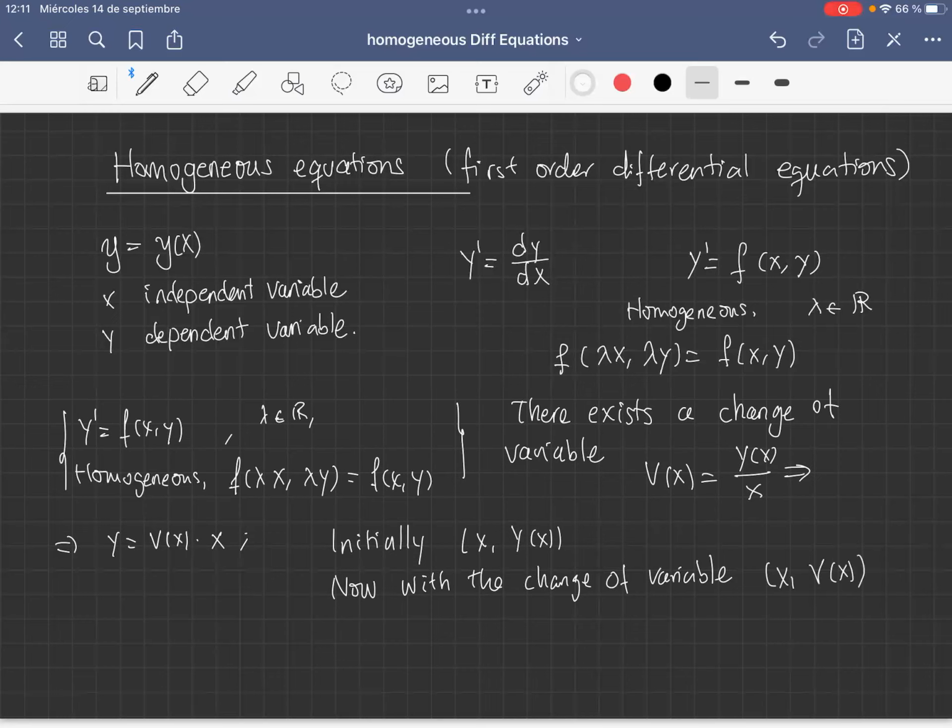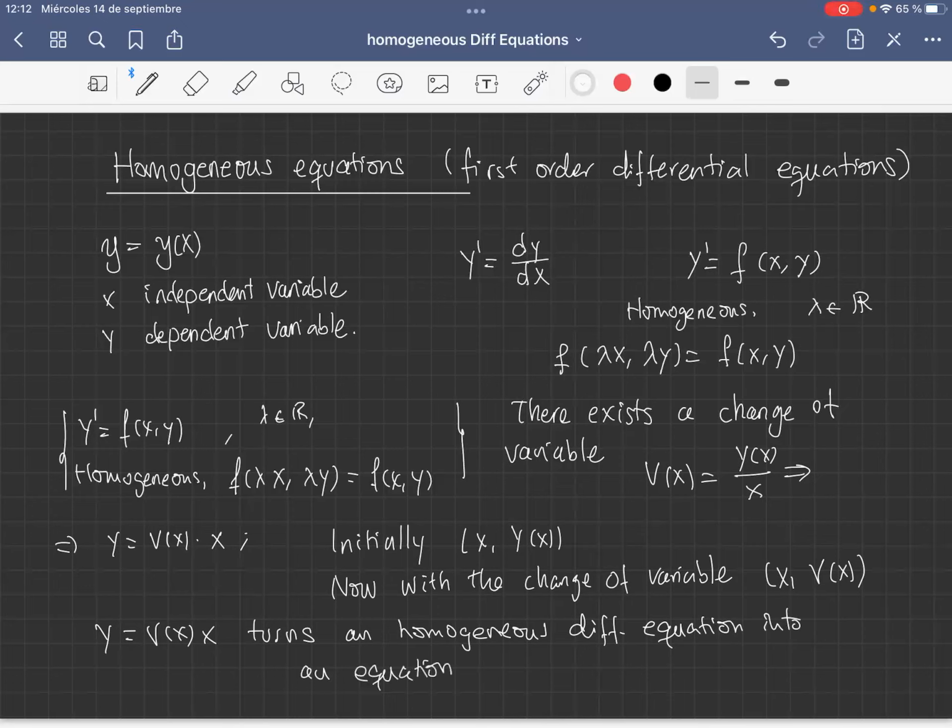So let me plug the change into the equation and show you that the change turns a homogeneous differential equation into an equation in separable variables.